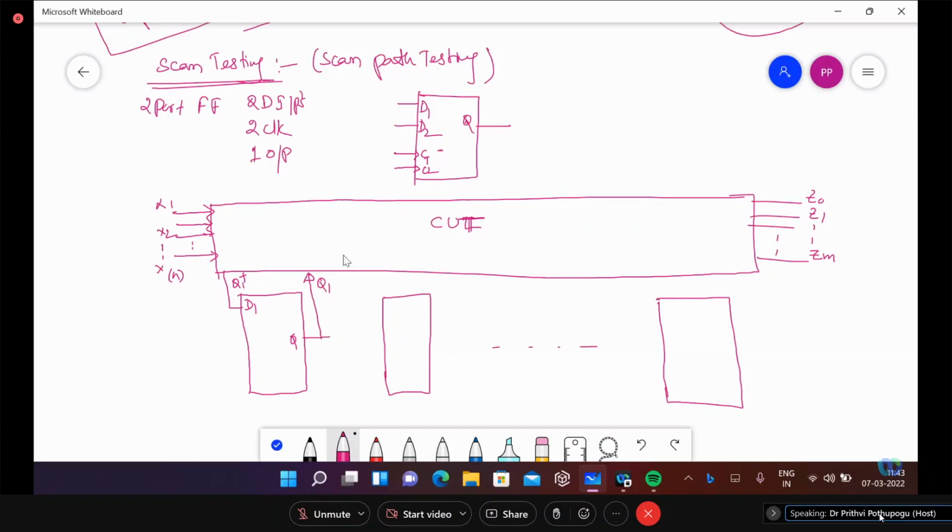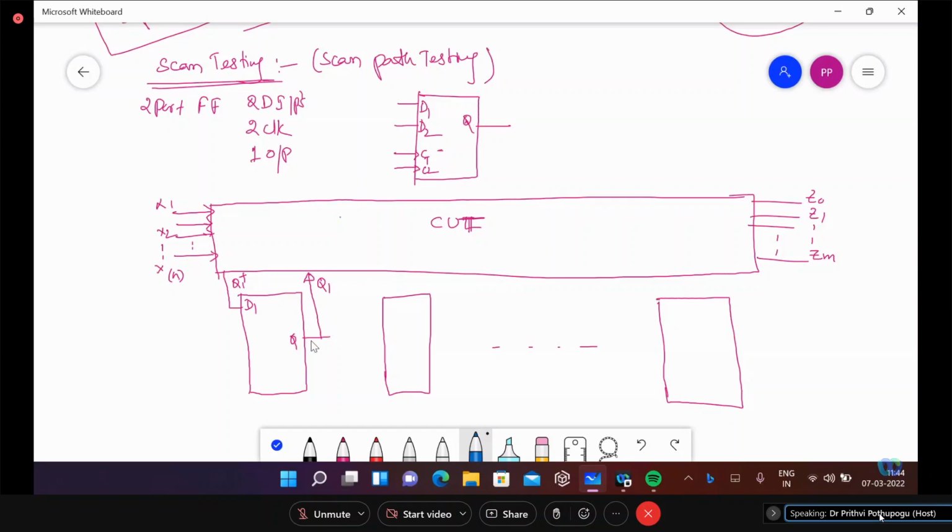If you visualize only this segment, it is the circuit under test and one set of D flip-flop, a simple combinational circuit converted into sequential. The previous response with the present input will give you a new output of the status and the output of the circuit. It is one sequential segment.